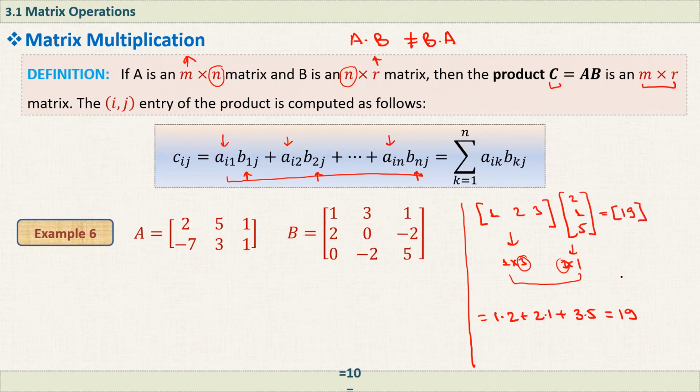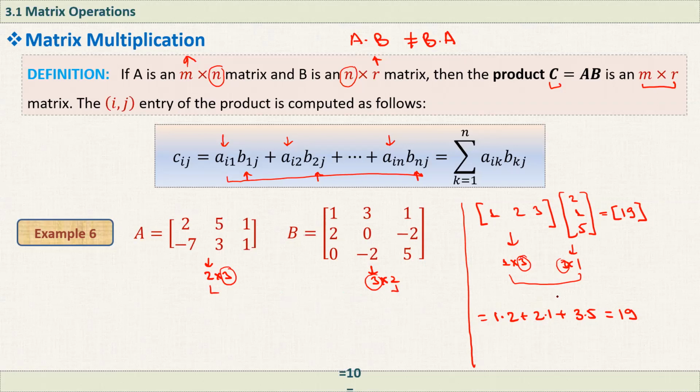Okay. So now let's say this matrix A is 2 by 3, and this matrix B is 3 by 2. The number of columns of the first matrix is equal to the number of rows of the second matrix. That means we can multiply these two matrices. Here we have 2, and here we have 2, so the resulting matrix will be of size 2 by 2.